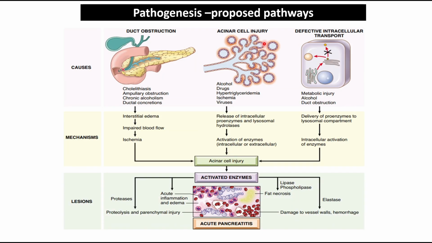So these are the pathways of how acute pancreatitis develops. Duct obstruction or acinar cell injury or defective intracellular transport will lead to acinar cell injury, and this leads to enzyme activation and release, mostly protease, lipase and elastase, which ultimately lead to fat necrosis, injury to parenchymal cells as well as vessel damage and hemorrhage.